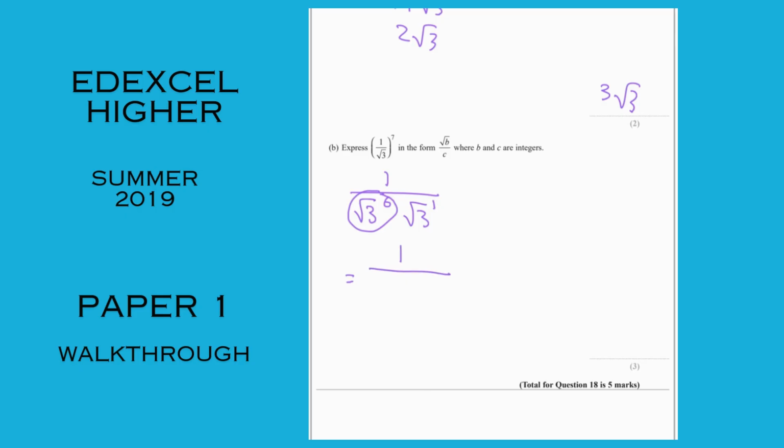And when you've got a power to a power, you multiply those powers. Like so. You'll notice the way they want it, they don't want a root on the bottom, so you have to rationalise. On the top, you get a root 3. On the bottom, you have root 3 times root 3, which is 3, but you've got to multiply by the 27. And there you go for the right answer.